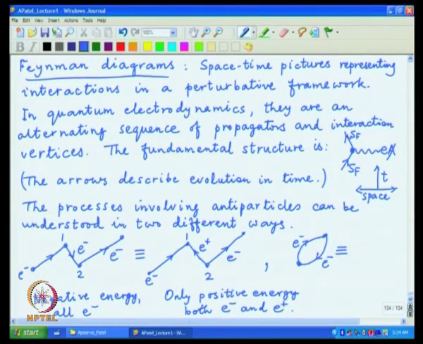The alternative description of this process will look like both electron and positron moving forward in time. There was a pair creation at one point, and there is a pair annihilation at the other point. Both these results give identical answers.